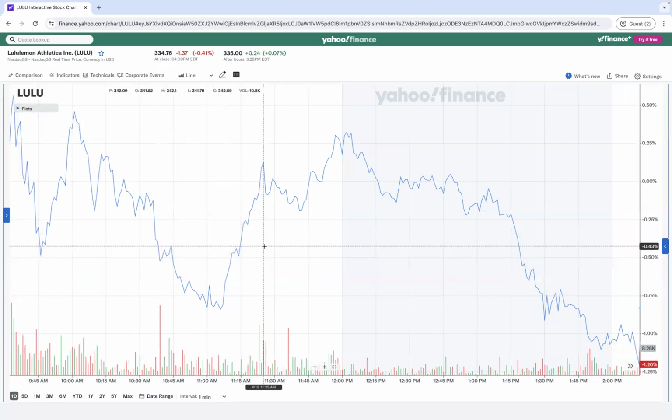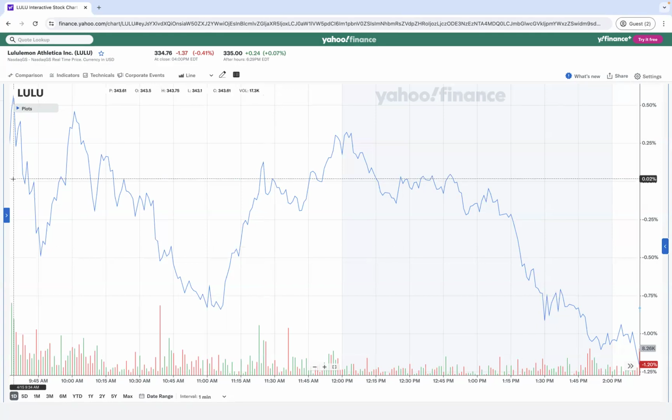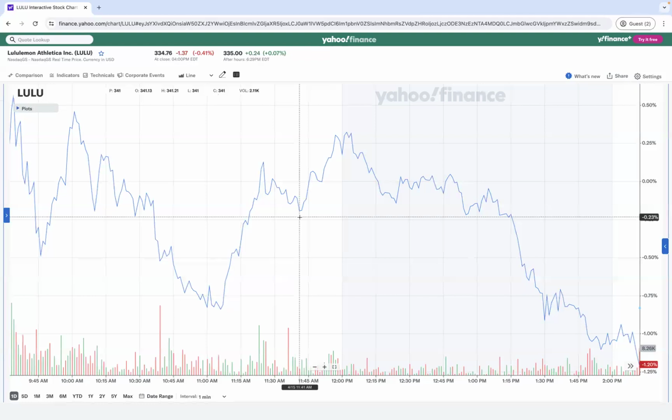If you know anything about charts, if it had broken 343, the next stage I would look for was it trying to break past 345, 347. But if you look here, it never broke 343 again. So here it tapered off again.